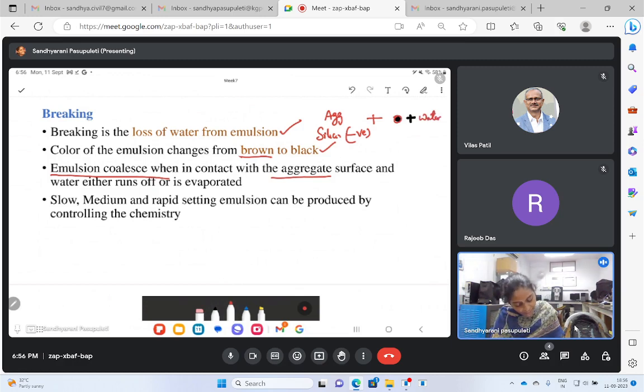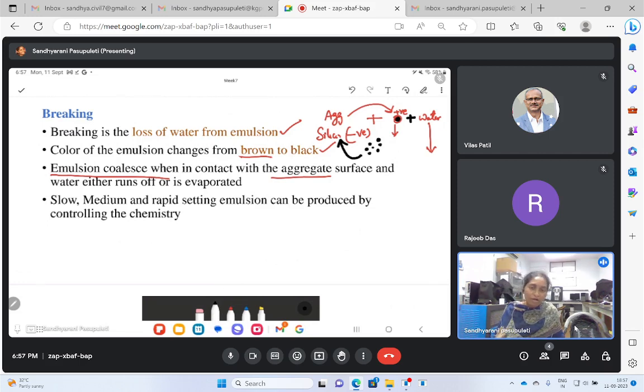This water has been evaporated now. Once the water is evaporated, we remain with these bituminous particles with positive charge. When these aggregates come in contact, the positive charge on the top of the small bituminous particles will be separated from their surface. Once they are separated, the small bituminous particles will come close together and coat the aggregate surface.